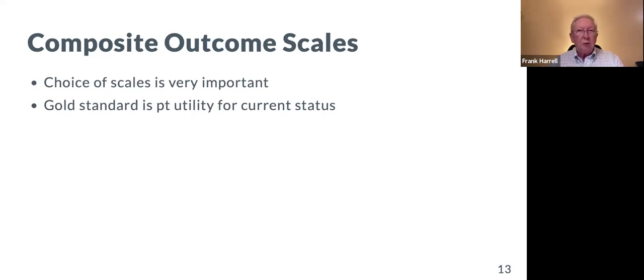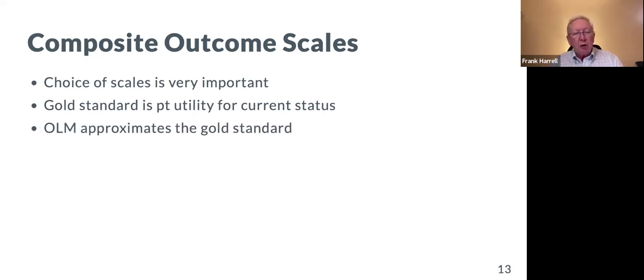This could be a formal time trade-off experiment done outside of the clinical trial where you get utilities assigned to each outcome state, and you just analyze the utilities as a continuous variable or an ordinal variable over time to see which treatment gives the best utilities.